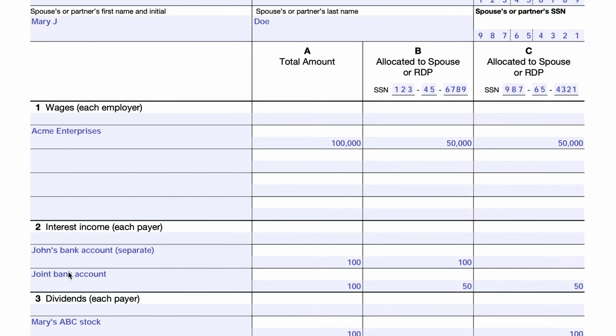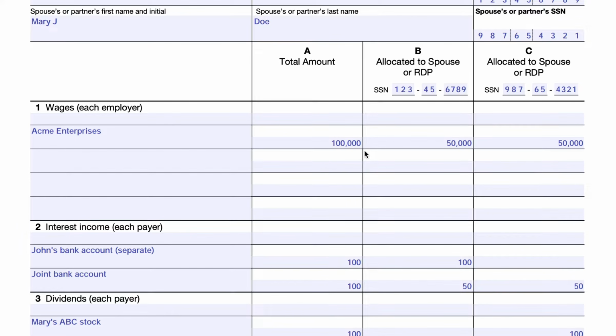So you see that we have 2 different items for interest income, and then you put in column A first, and then you fill out B and C based on whether or not this is a separate item or whether it's community property, and you split it. So in the case of John's wages, he works for Acme Enterprises.